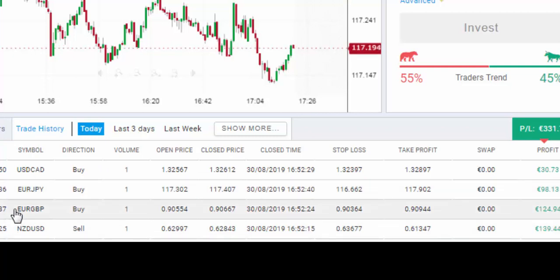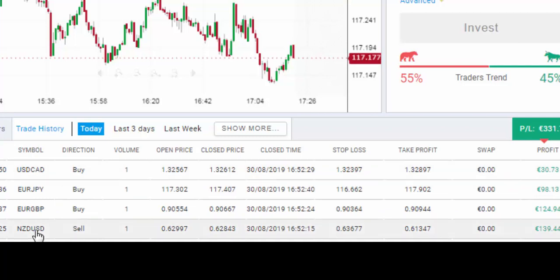The third one, euro GBP, euro Great Britain pound, was a buy also, an open price of 0.90554, and a close price of 0.90667, and a profit of 124.94 euros.